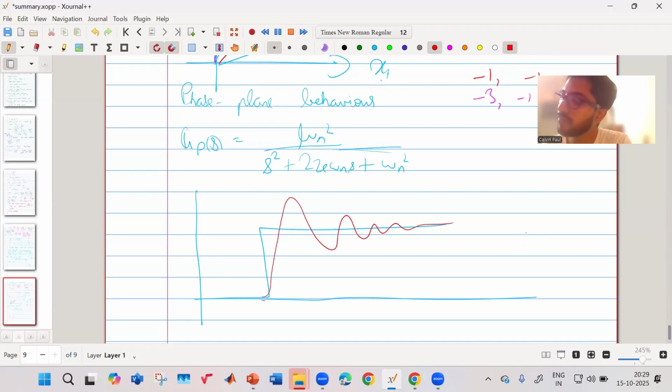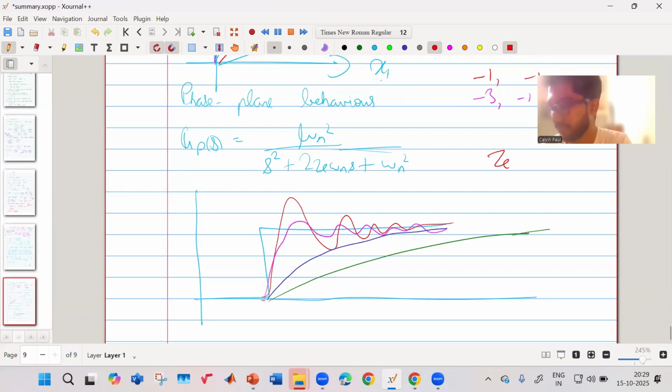It would go a little bit different, or else it could be the case of critically damped, or else it could be the overdamped case. So all these depend on the zeta of your transfer function.